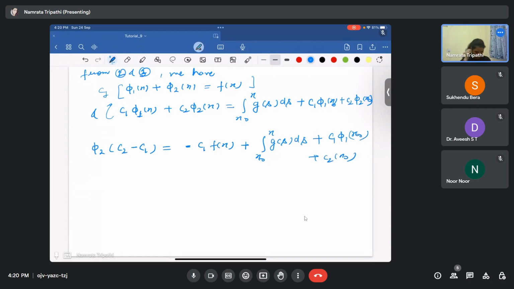Fine. So the value of phi 2 of x is 1 upon C2 minus C1.